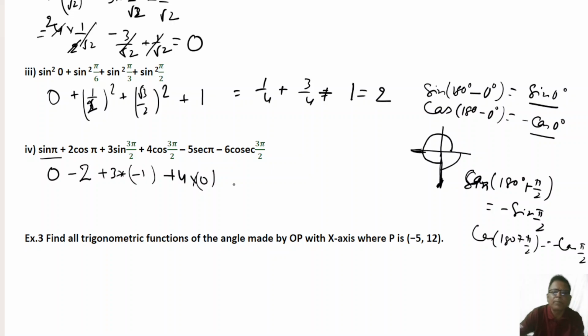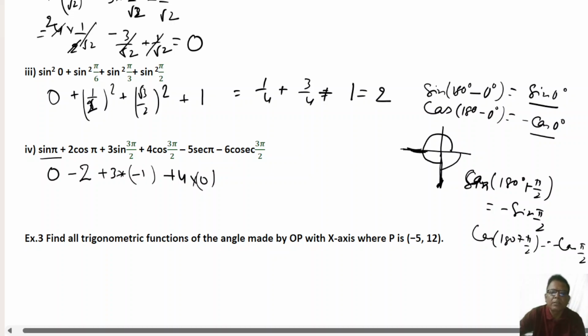Now sec pi. So sec pi minus 0 is equal to minus sec 0. So sec 0 is what? Sec 0 is 1. So that will be minus 5 into minus 1.